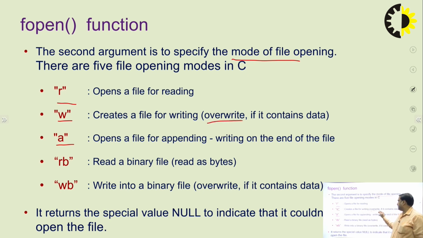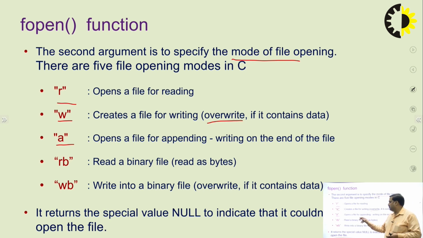Overwrite. If it contains some data, that data will be lost, and whatever new data we write will be written into that file. If the file does not exist at all, the system will create a new file in the current directory or the specified directory and then start writing onto that file.